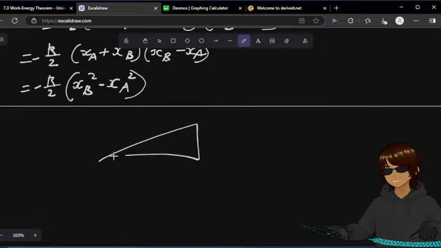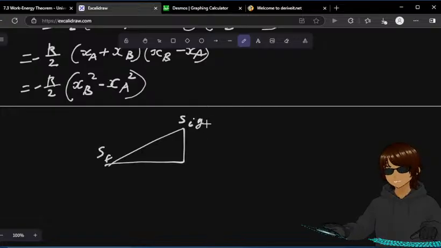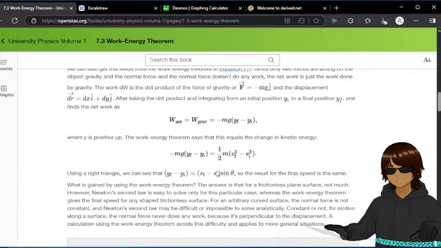Going down a ramp, so let's say this is S initial, S final, or this is also Y. Well, in this direction it's Y initial, Y final. This sine theta.